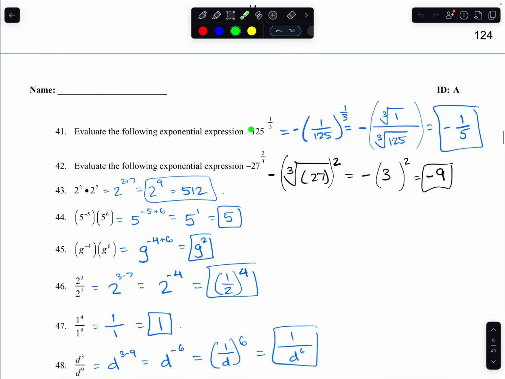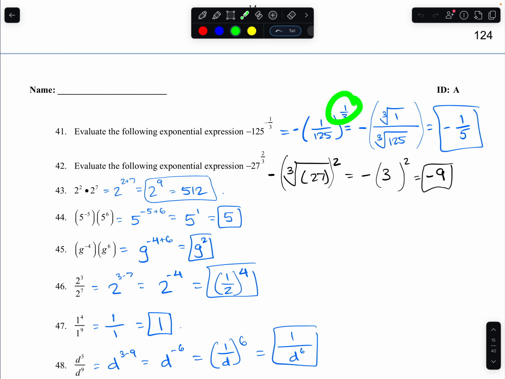41 and 42 have that same negative in front of an exponent thing, and since there's no parentheses including the negative in the base, that means the minus sign needs to stay outside because we exponentiate before we multiply by -1. Flip the base because the exponent's negative, so instead of 125, I use its reciprocal, 1 over 125.